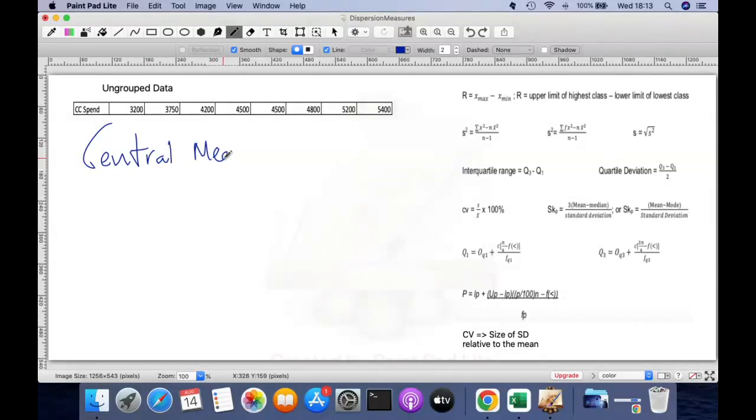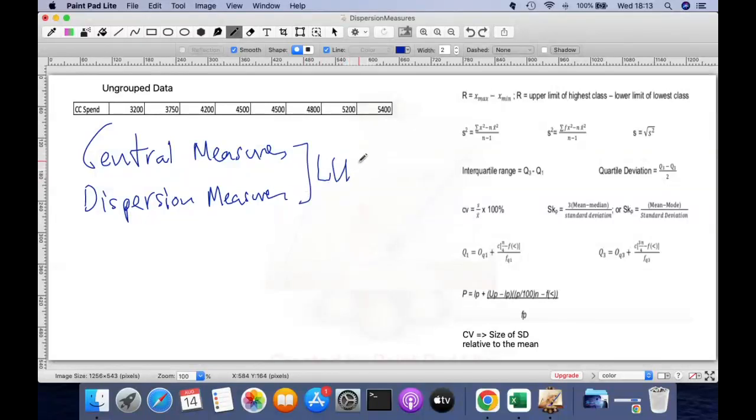This was last week. This week we're covering dispersion measures, as in today, this evening. Dispersion measures. Both of these fall under Learning Unit 3.